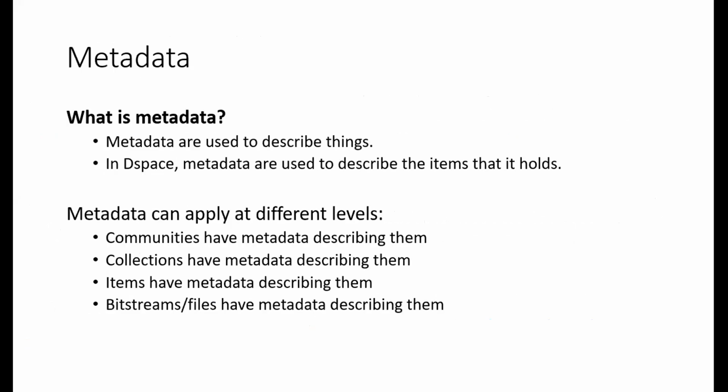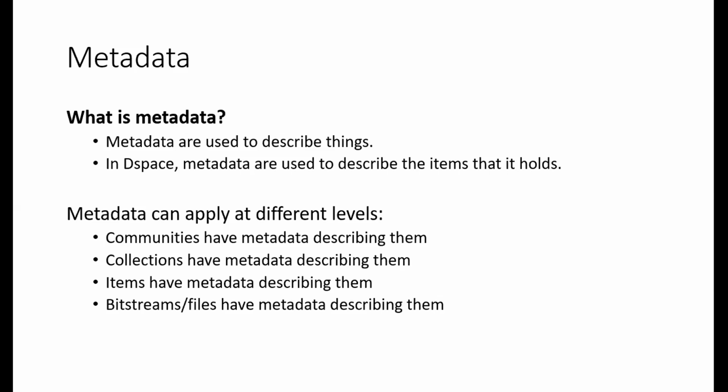Now, particularly, I want to discuss metadata. Metadata is a very important aspect of DSpace, and I know there were some questions about this, but just quickly, here we're looking at a generally known definition, which is data about data, or information about information. And in a nutshell, that would describe metadata.